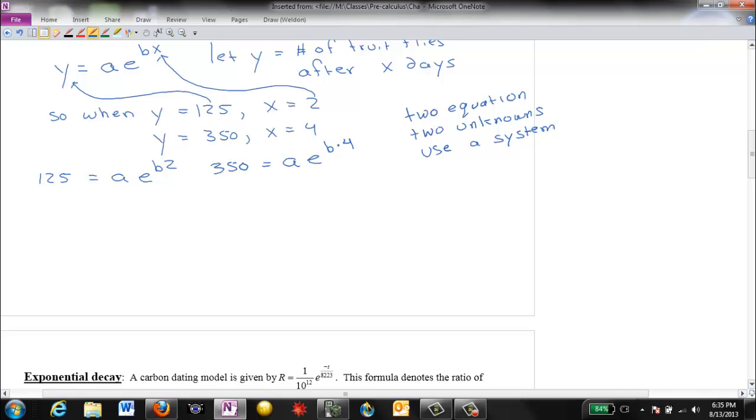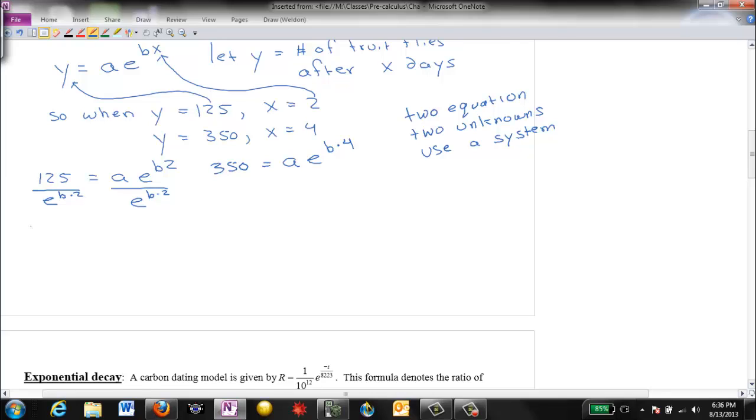And that's exactly what I'm going to do here. So I'm going to pick one of these equations and I'm going to isolate one of the parameters. So over here in the first equation, 125 equals a times e raised to the 2b. I'm going to go ahead and get a all by itself by dividing by e to the b times 2 on both sides.